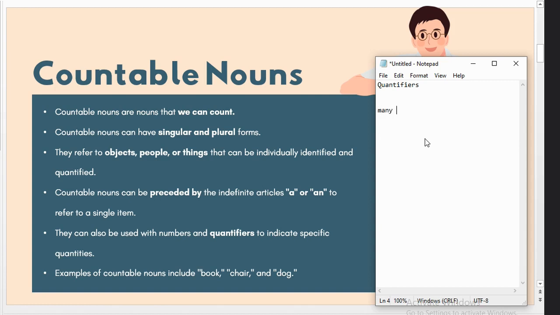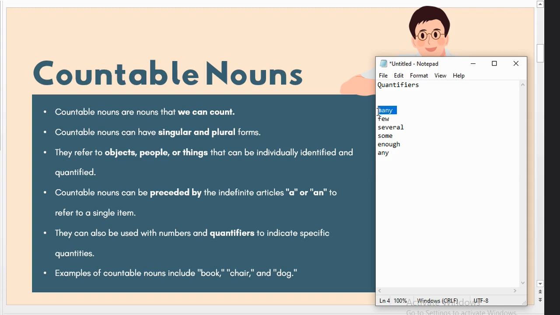Quantifiers means many, few, several, some, enough. You can write all this down, then it will be easy for you and you can learn easily and learn again and again. Then everything stays in your mind, absorbed in your mind whenever you learn and write things.